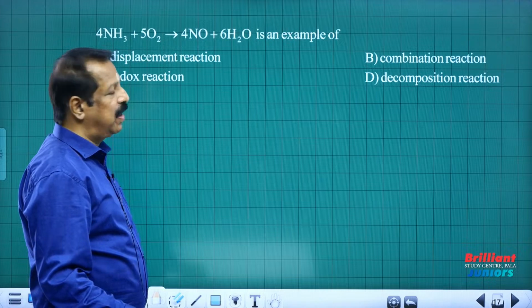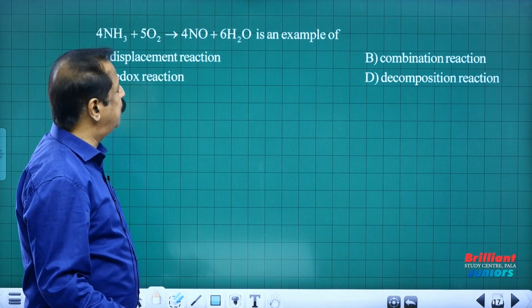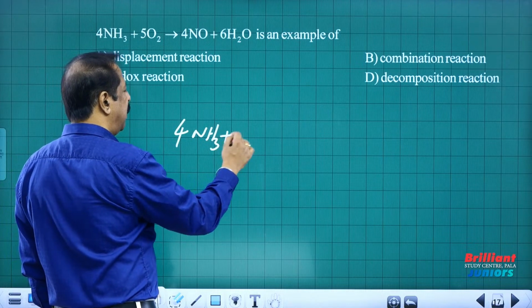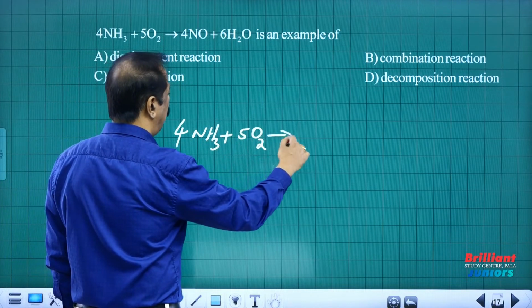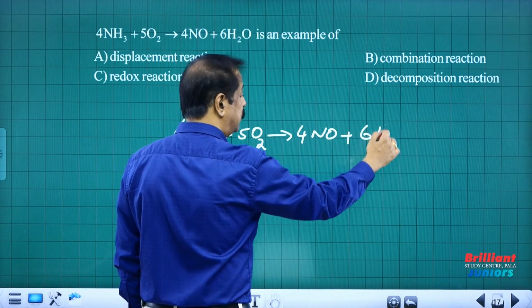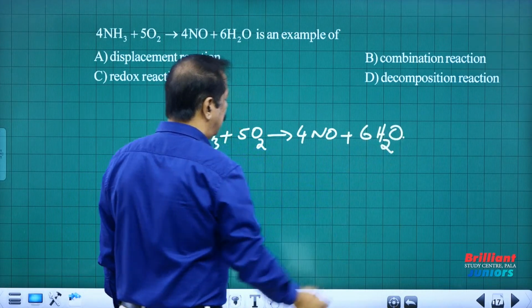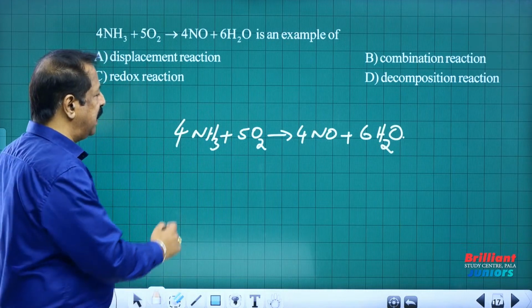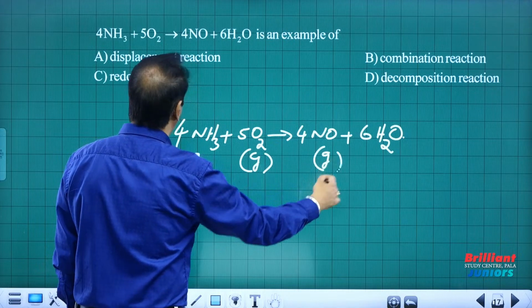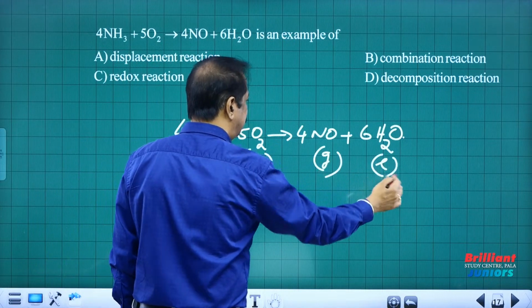Then 4NH3 plus 5O2, the product is 4NO plus 6H2O. NH3 is a gas, oxygen is a gas, NO is also a gas, and water is a liquid.